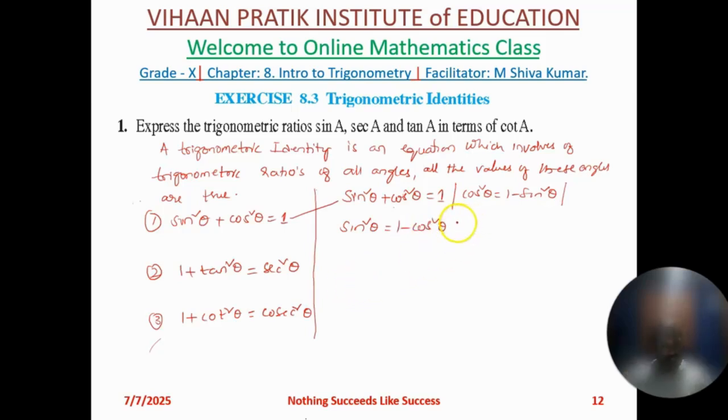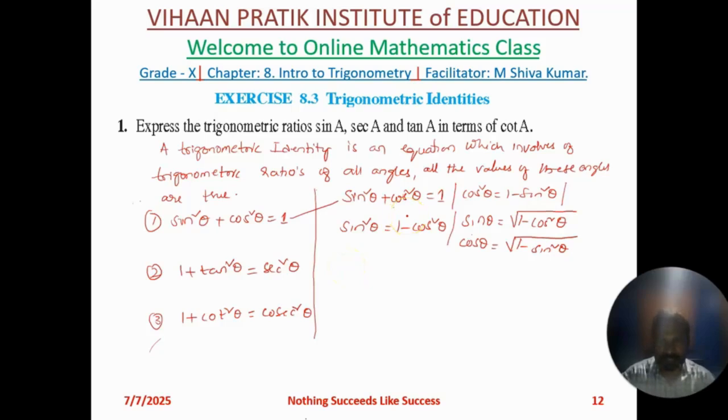In terms of sin and cos, we can write sin theta equals square root of 1 minus cos square theta, and cos theta equals square root of 1 minus sin square theta. So all these trigonometric identities are true for all the angles involved.